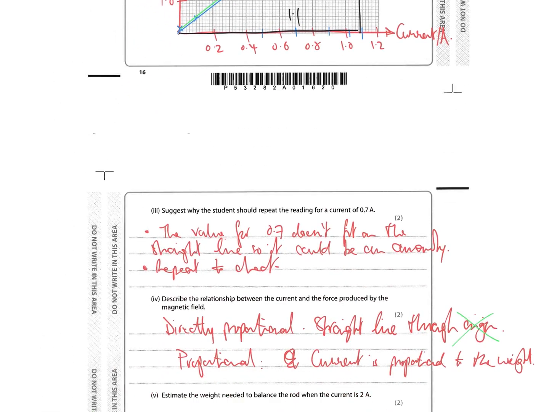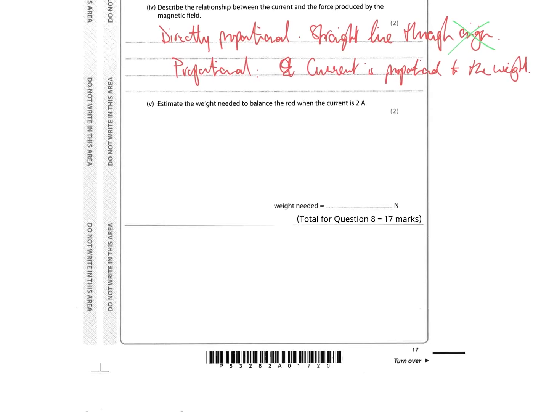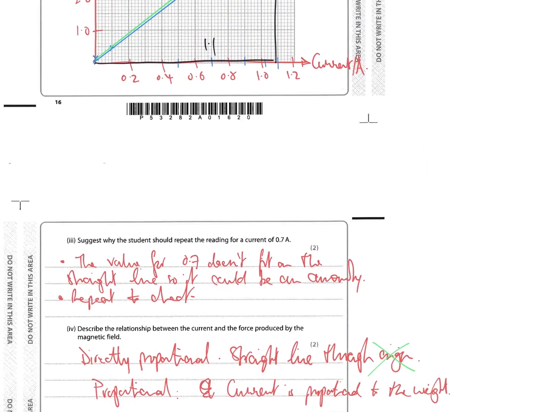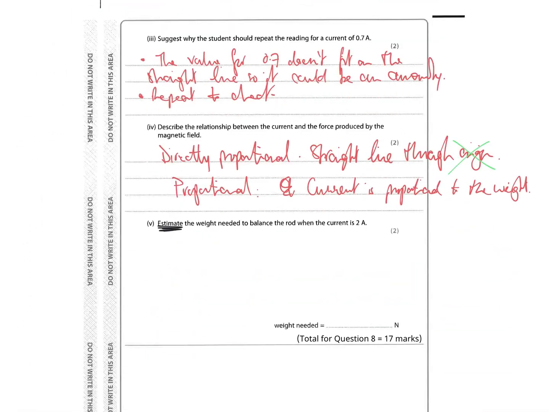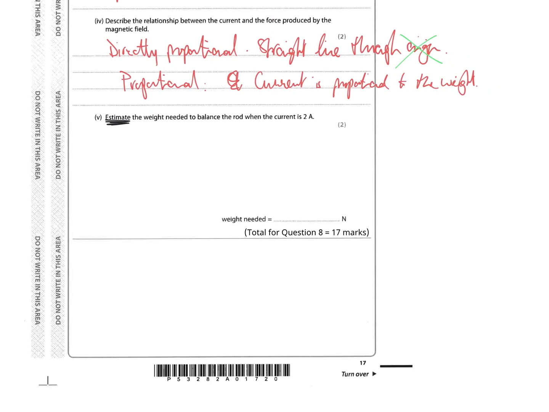Let's then take that back. And it also says estimate. Sorry, I was going for real precision here, but estimate. But let me just show you what I'm trying to do. If we were to take the current and multiply it by 4.1, that should give us the weight.